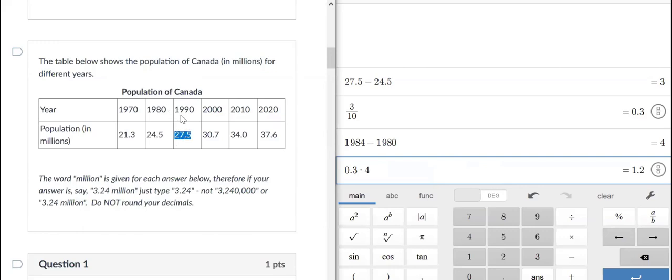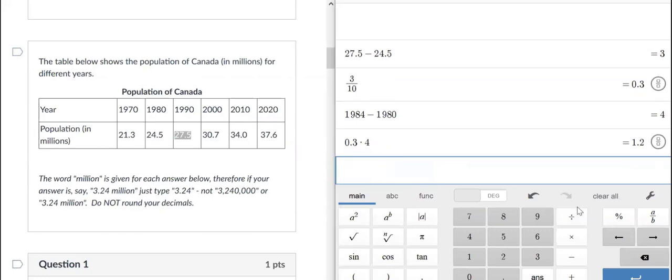So 1984, it's got to be in between these numbers somewhere, as an estimate, by the way. So we take our 24.5 and we add that 1.2. That makes sense? And so our estimate is that in 1984, the population was 25.7 million.